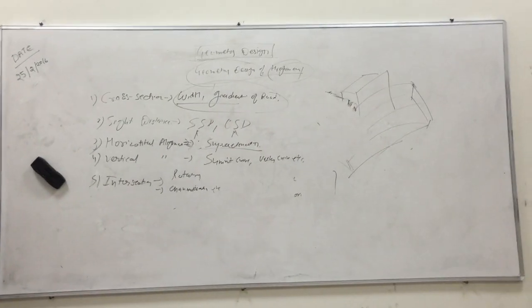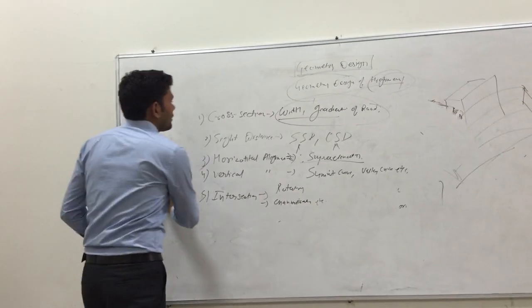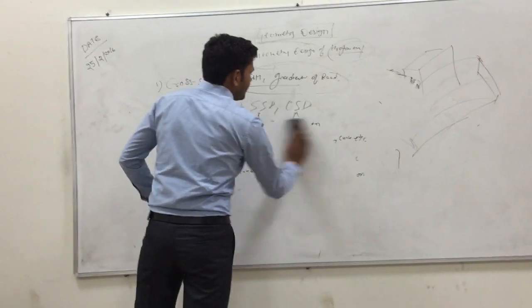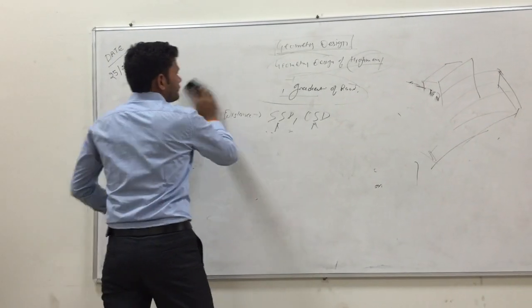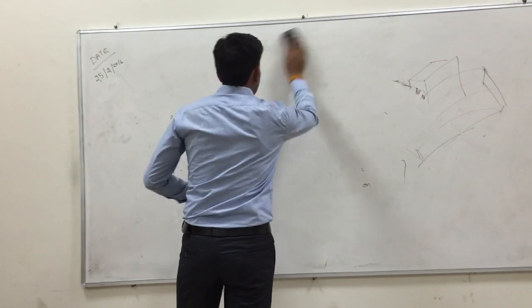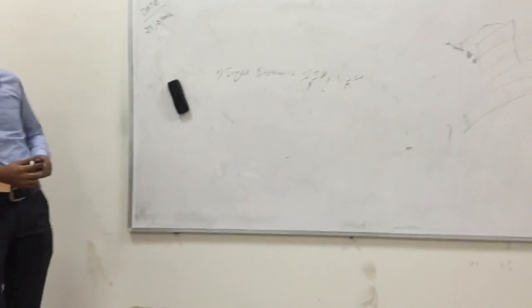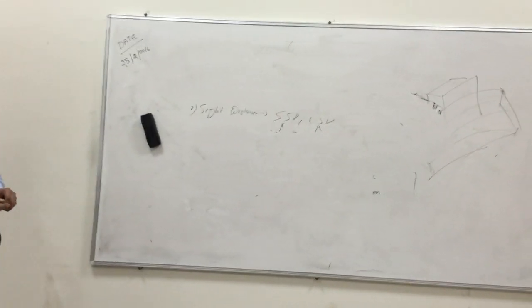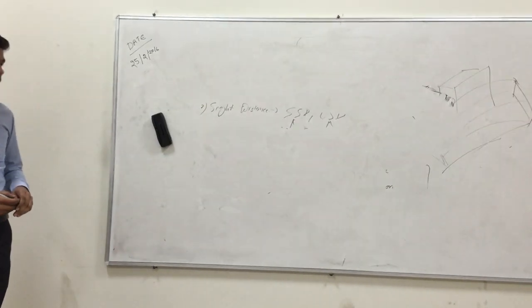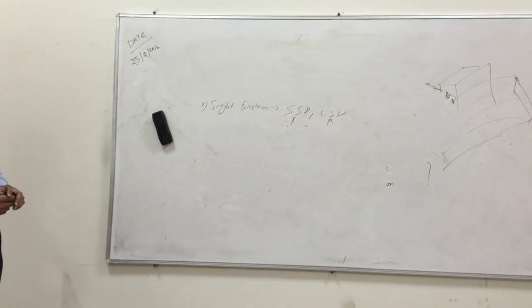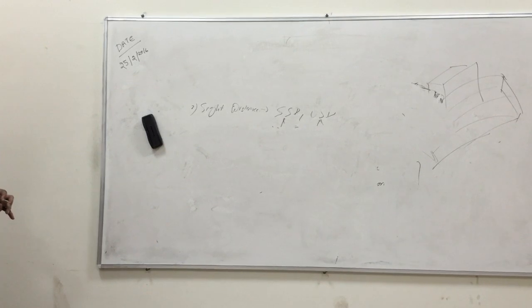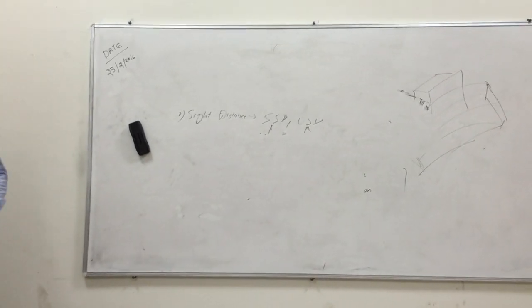Now, today we have only one concern, the sight distance. The question arises, what is sight distance? The safe operation of the vehicle on the road depends upon the road length at which the obstruction becomes visible to the driver in the direction of travel.